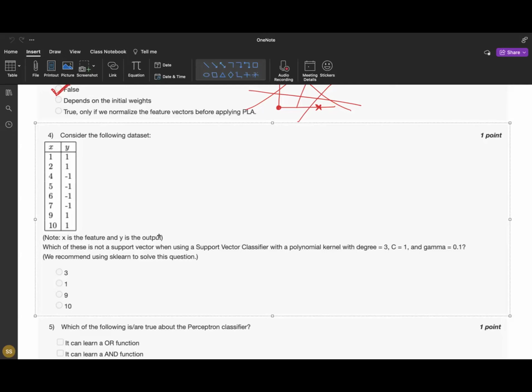Let me change the value of C. No, I don't need to change it. There's nothing to infer. It's just a question. Okay. Let me share the screen from here again. Screen, start broadcasting.